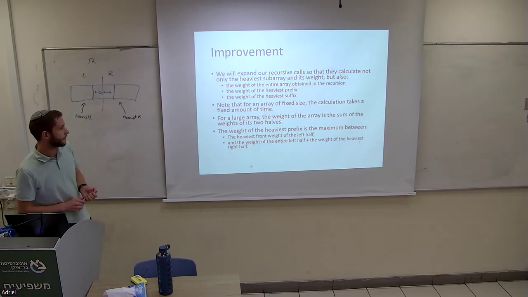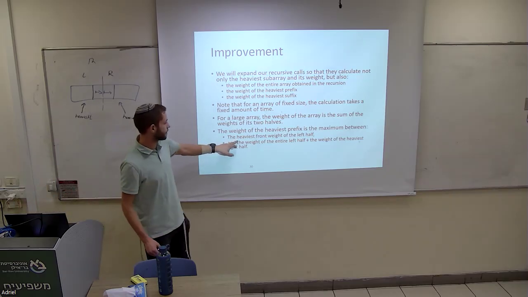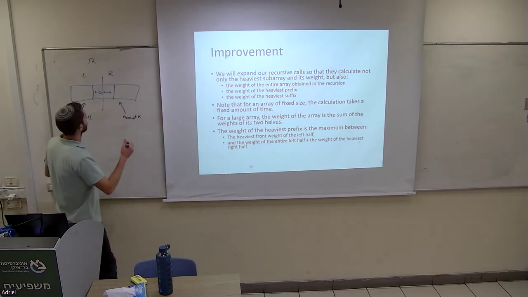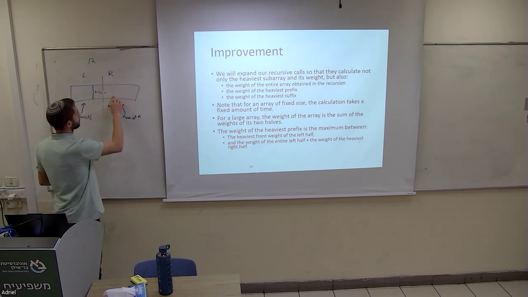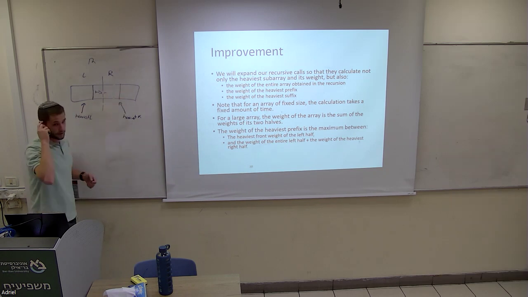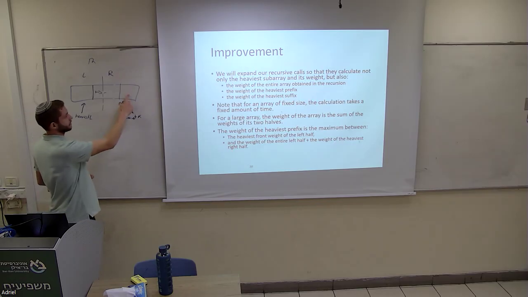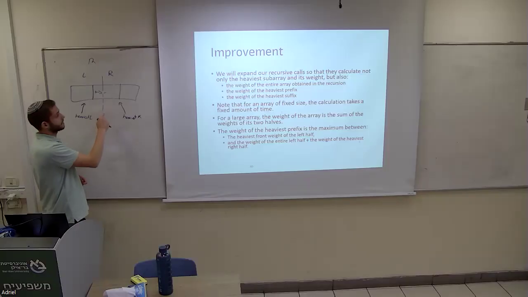Okay, and the weight of the heaviest prefix is the maximum between the heaviest components. Let's say this is our array. We divide it into half. This is from the recursive call. We know the heaviest prefix from here and the heaviest suffix from here. Same thing here, right?